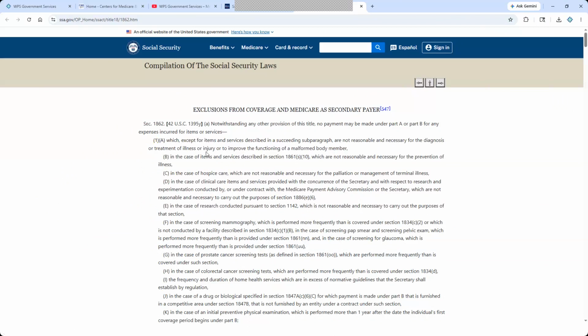Okay, and then it talks about the medical necessity for it. Here you'll see it says are not reasonable and necessary for the diagnosis or treatment. So when we look at it, that's where we come up with the full definition for what medical necessity is. Okay, it has to be a transport, has to be at the level of care needed by the patient, and in order to be covered, period. Okay.